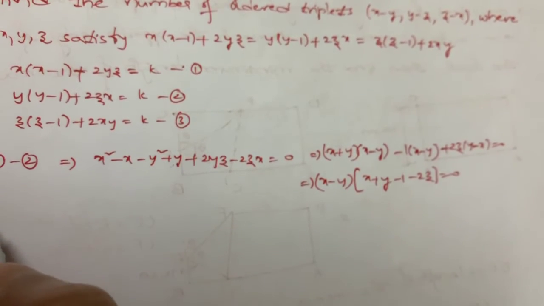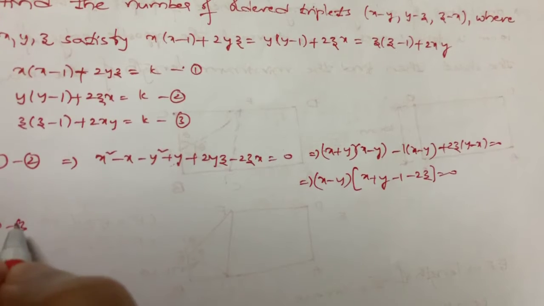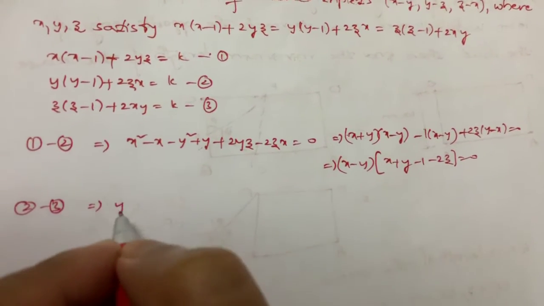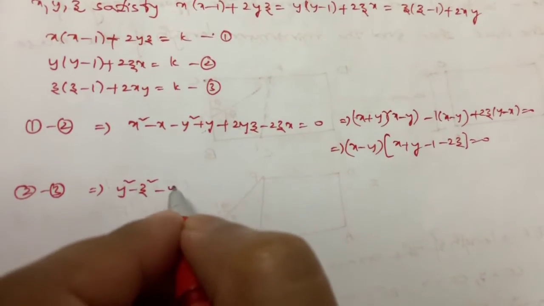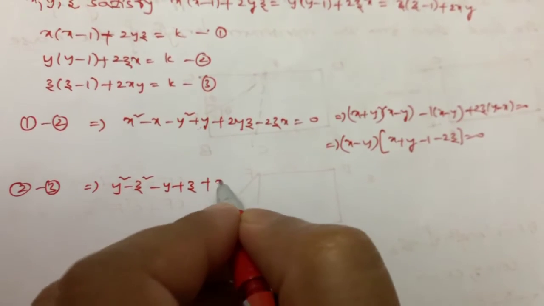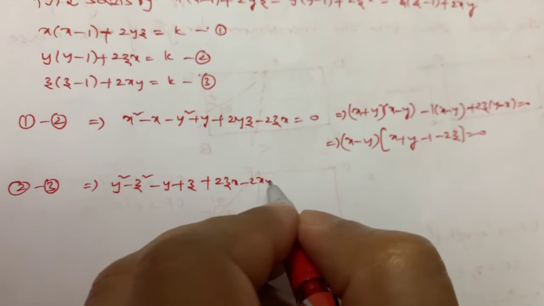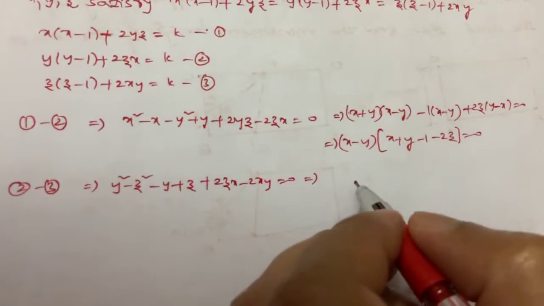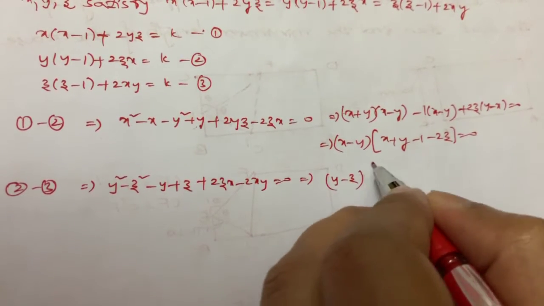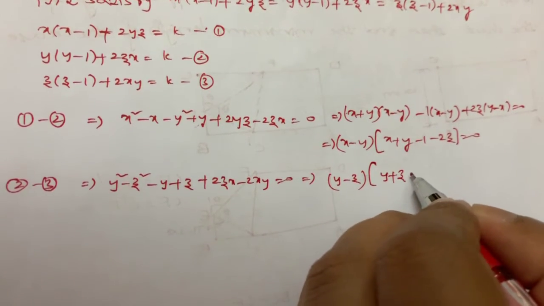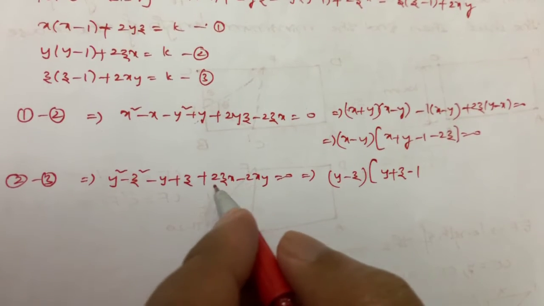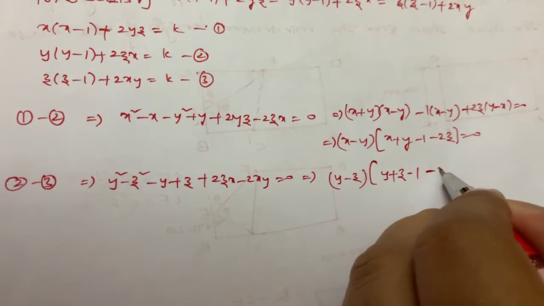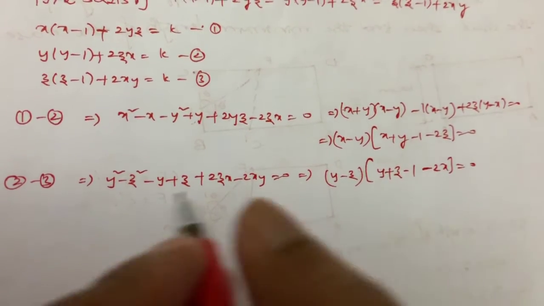So this is the first equation, and then 2 minus 3. If I do 2 minus 3, y² − z² − y + z + 2zx − 2xy is equal to 0. Again y − z will be a factor, so (y − z)(y + z − 1 − 2x) is equal to 0.